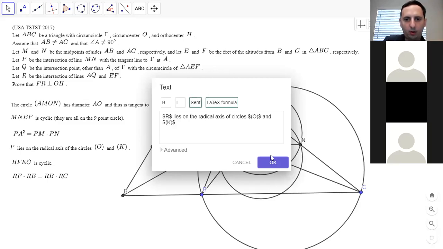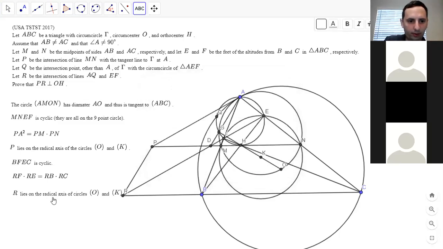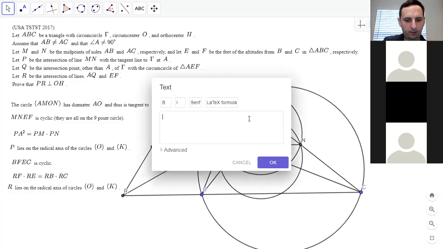So PR is the radical axis of O and K. This implies PR is perpendicular to OK. Oh, we didn't even define point K. PR is perpendicular to OK, and so PR is perpendicular to OH.